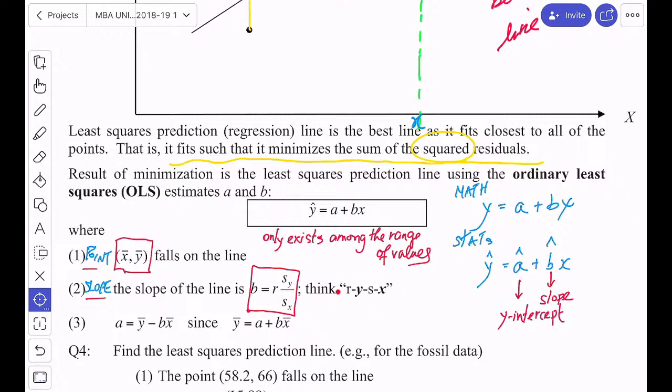Anyway, it's a good mnemonic that I use to remember r s_y over s_x. So it's always the correlation multiplied by the ratio of the two standard deviations, with y coming first.